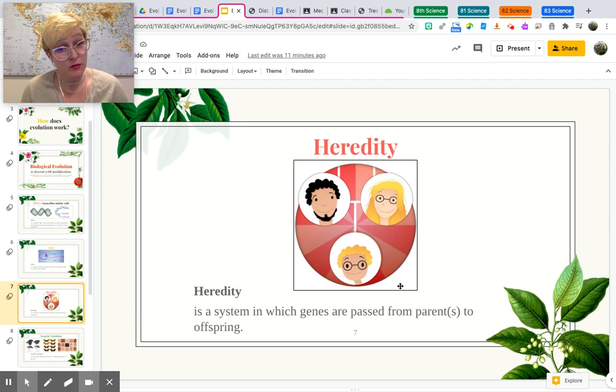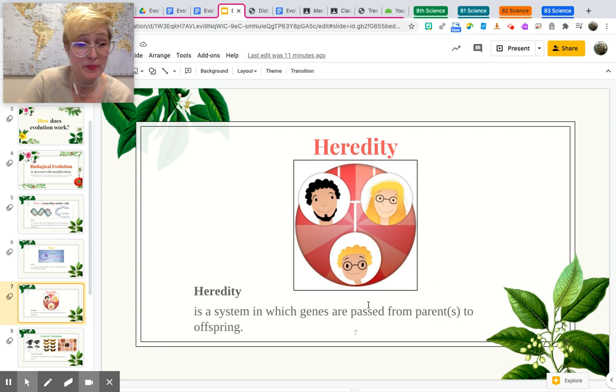So heredity is a system in which genes are passed on from parents to offspring. Okay? Evolution wouldn't work, right? We wouldn't get any changes in life over time if genes weren't passed on. If we had to start from scratch every single time, right? We need genes to be heritable. So they have to be able to be passed on, and they are.